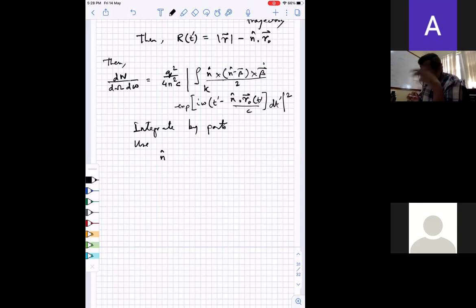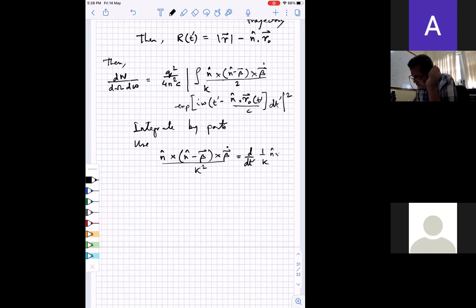This n cap cross n cap minus beta cross beta dot can be written very interestingly as d/dt prime of n cap cross n cap cross beta over kappa. Sorry.